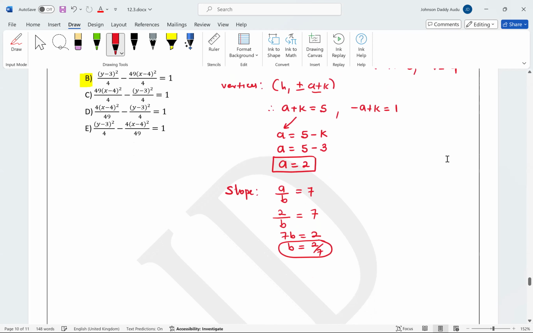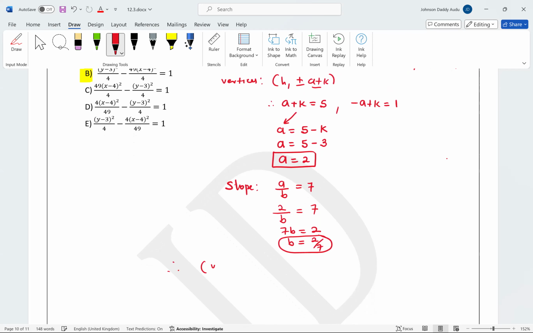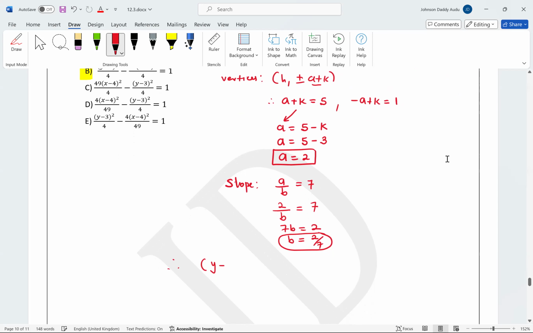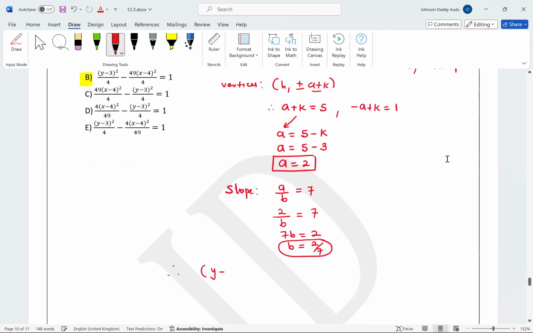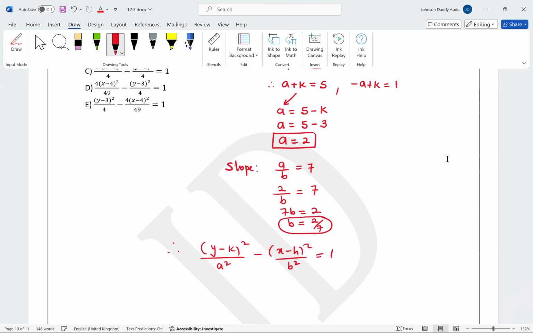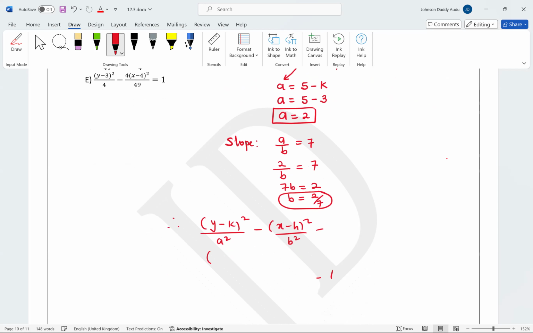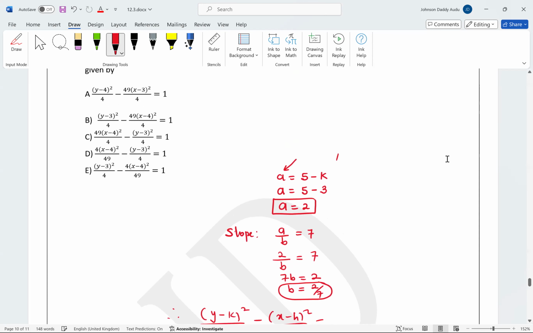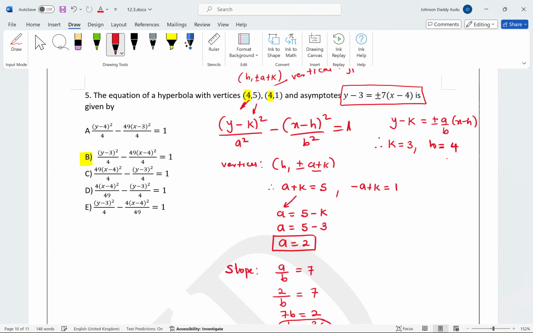So now you can write your formula. You will have y minus k, remember, this is what we're looking for, over a squared minus x minus h squared over b squared equals 1. So now we have y minus k, and we know k is 3, over a squared, which is just 4, minus x minus h. We got h already, from here h is 4.